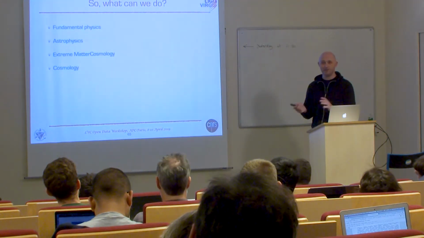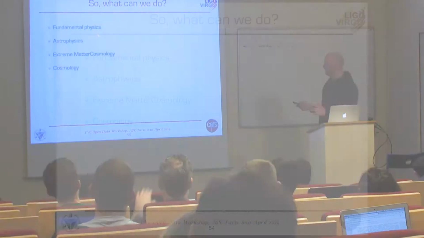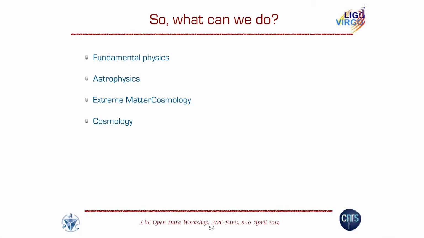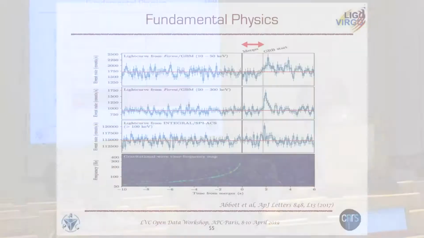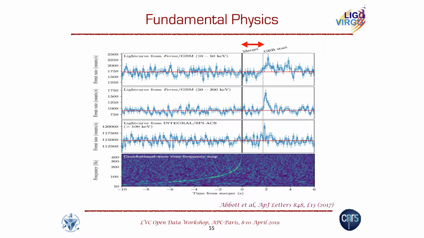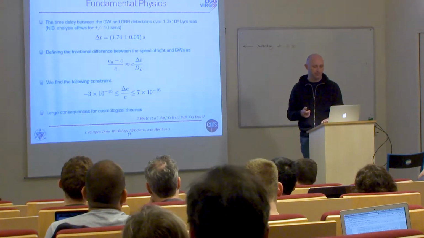And then this has all opened up the field of gravitational wave astronomy. And in fact, not just astronomy, but we can also do stuff on fundamental physics, extreme matter, cosmology, well, cosmology twice even. So let's first of all look at fundamental physics. So we know from the binary neutron star that there was a gamma ray emission about 2 seconds after the merger of the binary neutron star.